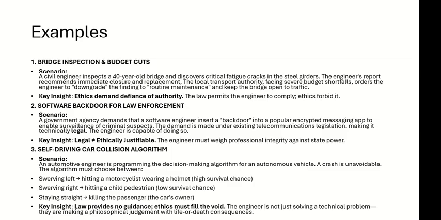In any case there will be damage, you cannot avoid the damage. So which of these scenarios should the car go for? What should be the decision of the car, because the car will take the decision itself, it's a driverless car. So in this case there is no guidance provided by the law. The law doesn't say you can hit the kid, or you can hit the motorcyclist, or you can go and hit the barrier.